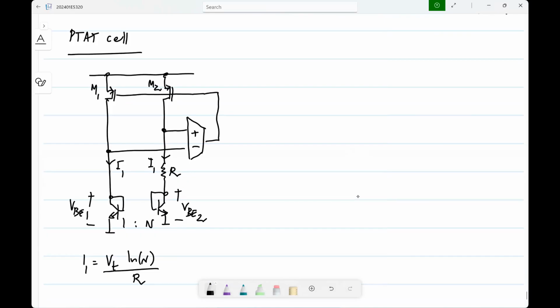Okay. Now what is it that we want? We want the reference voltage to be equal to some VBE plus some CP times VT. Okay. What would be the rough value of CP? That again you should be able to tell. What is the value of VREF that we get? This is 1.2 volts.